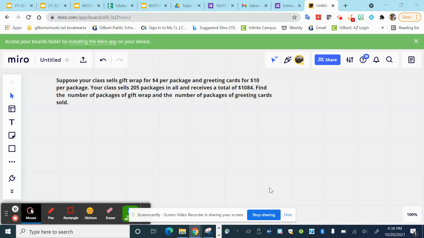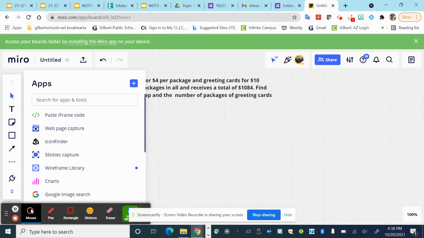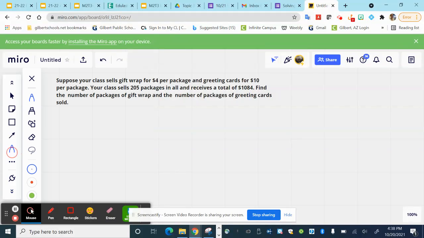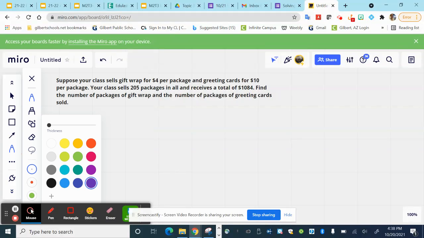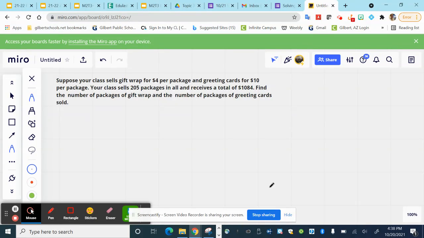Okay, so let's break this down. We have two things that we're given that we are keeping track of here. The first thing we have is that we are selling gift wrap at $4 per package and greeting cards at $10 per package.